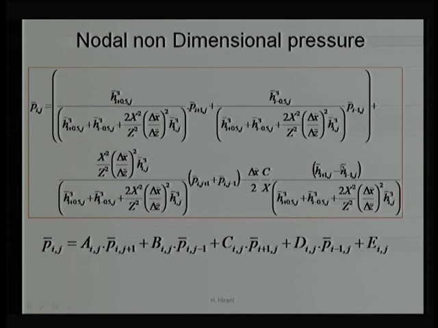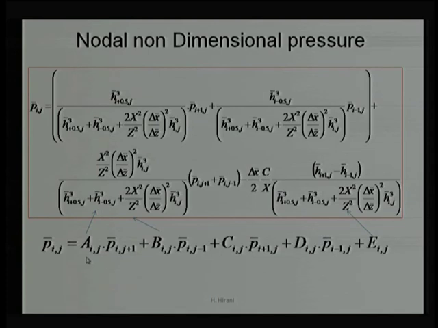Either you change this expression to something like hi minus 1 comma j minus hi plus 1 j and then substitute, or otherwise we can write a computer program accordingly and get the results. So, this is what we are trying to point out. This Eij is this term.